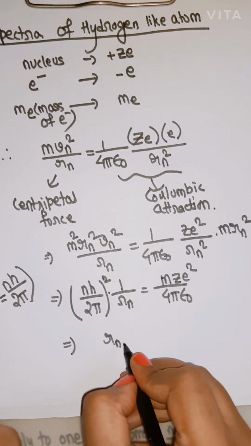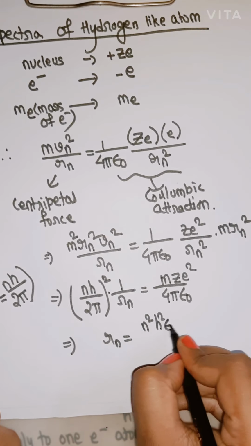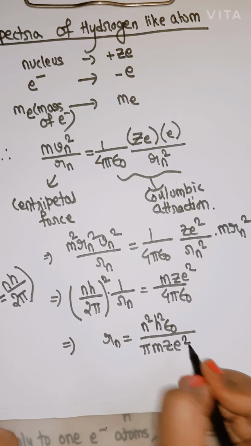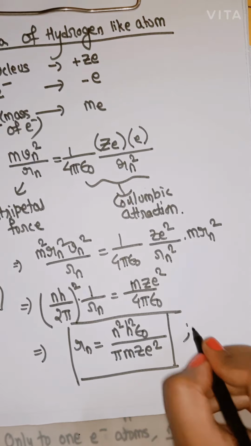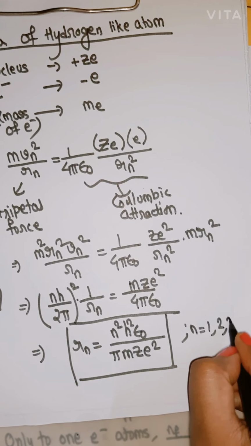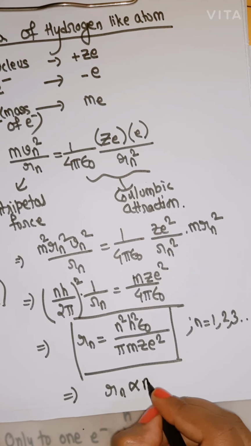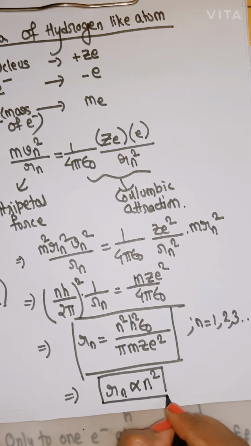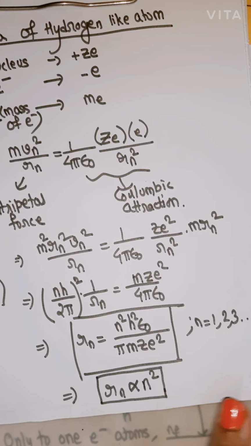From here we will have the radius of our orbit, rn equals n square h square epsilon naught by pi m Z e square, where n runs from 1, 2, 3 and so on. It is directly proportional to n square. For each orbit we can have the radius of the orbit for n equal to 1, 2, 3 and so on.